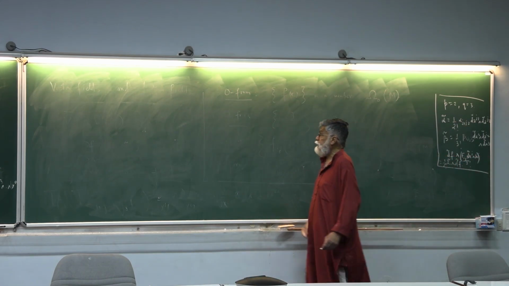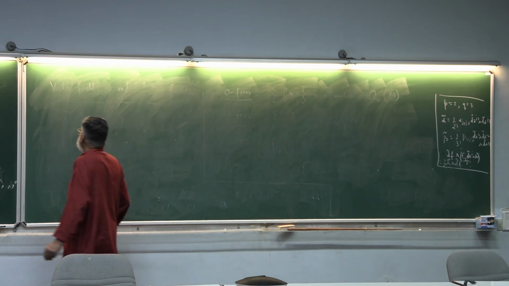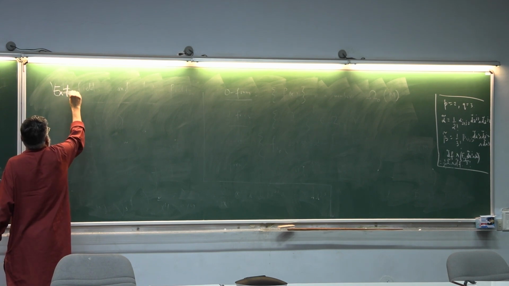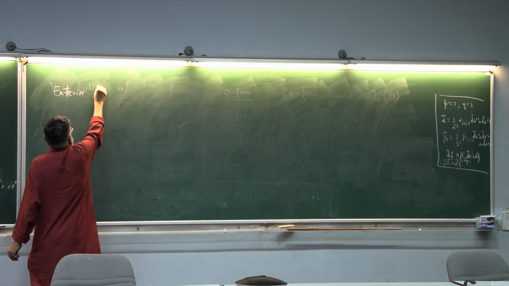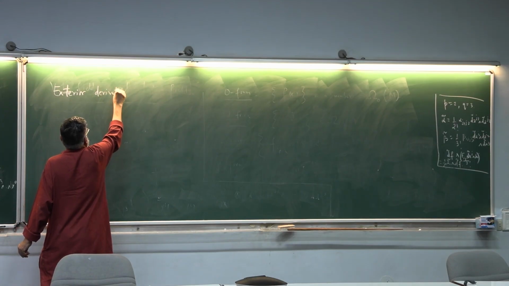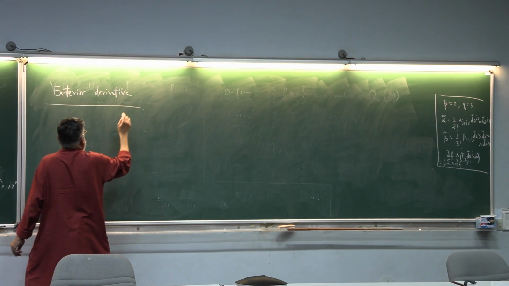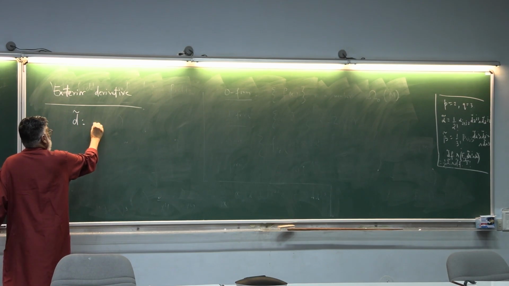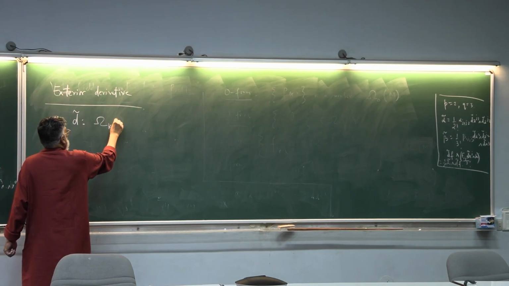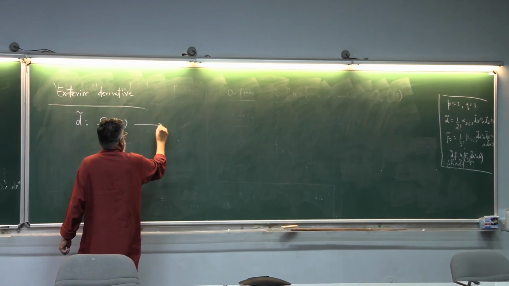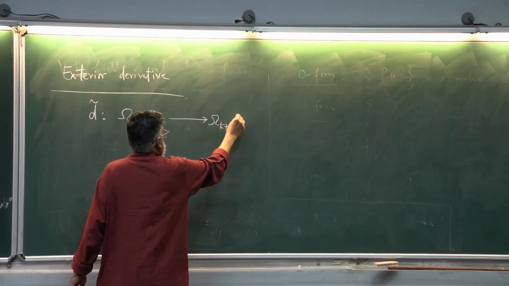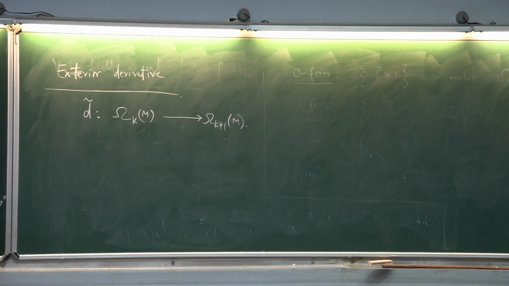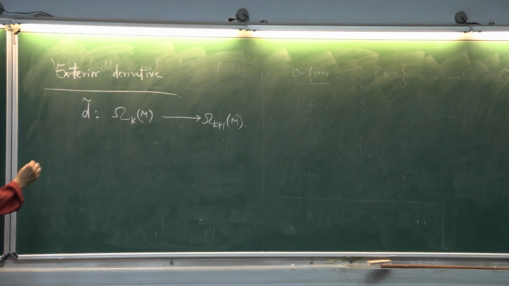Okay, now the exterior derivative. The exterior derivative is a mapping that takes omega k on the manifold M to omega k plus 1. We have encountered the exterior derivative when talking about its action on the zero form.